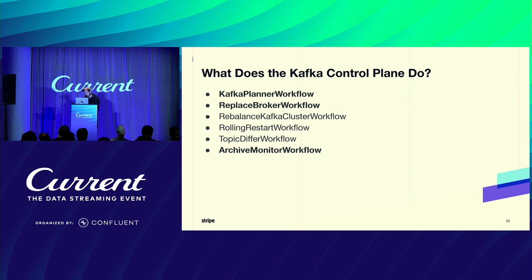We have some other workflows within our control plane, such as workflows that will create EBS volumes, delete EBS volumes, etc. But these are the main workflows that we use on a regular basis. And I'll talk a little bit more in depth about the planner workflow, the replace broker workflow, and the archive monitor workflow in a bit.